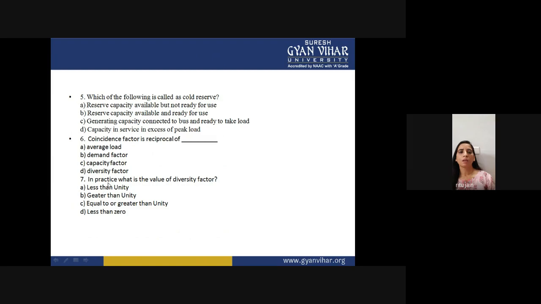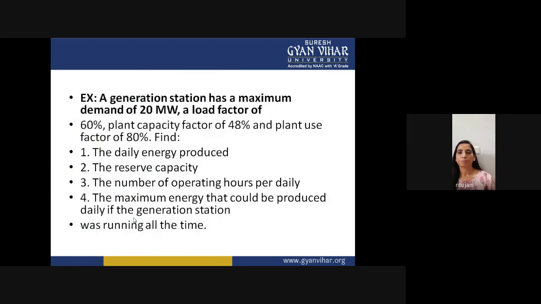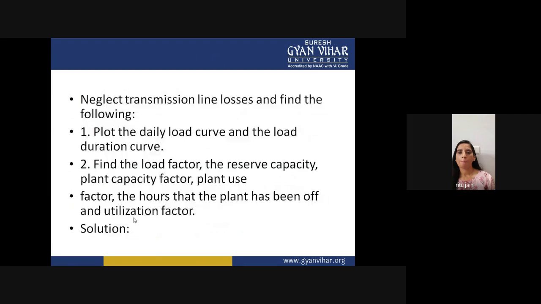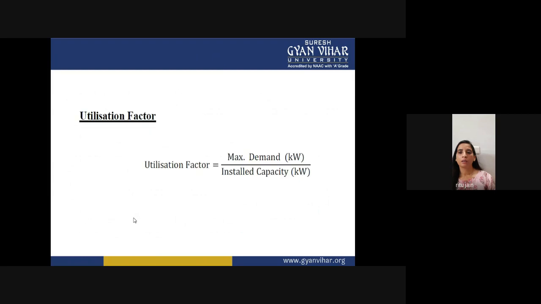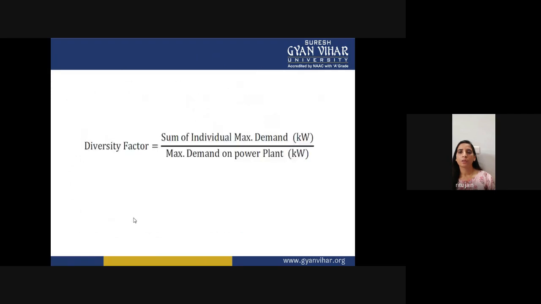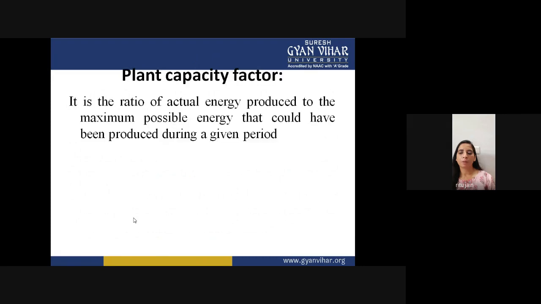Now, in practice, what is the value of diversity factor? You have seen in your previous slides that I have already explained the formula of diversity factor. Diversity factor is always greater than 1, because it is the sum of individual maximum demand divided by maximum demand of the power station.